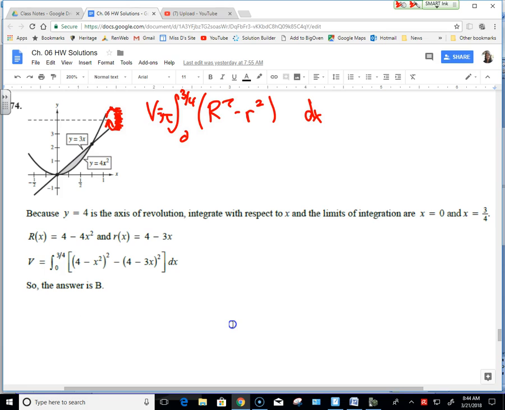How do we start thinking about big R? Start at the axis of revolution. Always start there. Just pick a point. Start there. Fine. To the outermost edge. Who would I connect to? The x squared. Who's on top? This guy. Top minus bottom.